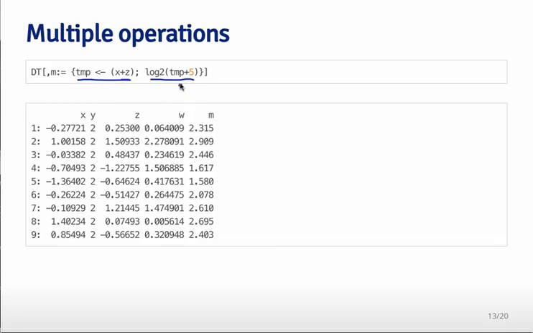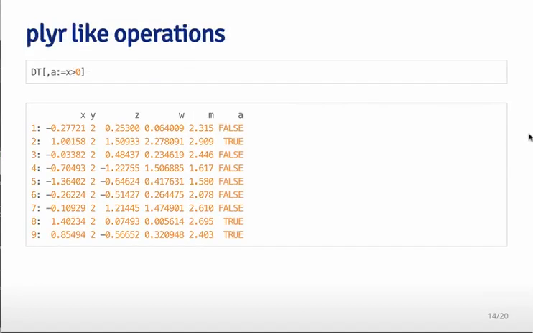And so as you remember, the last thing that gets returned from this expression is the evaluation of this last statement. And so what ends up happening is this variable m will be assigned to be log base 2 of x plus z plus 5. So those sorts of multi-step operations can be handled very easily with data table.